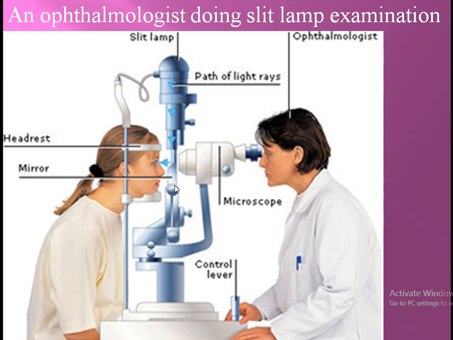Any disease, for example, the simplest diseases like diabetes or hypertension, are going to change the chemistry of the blood vessels, and the eye is the organ through which you can directly visualize the blood vessels without any investigation, without pricking the patient, without any lab investigation.